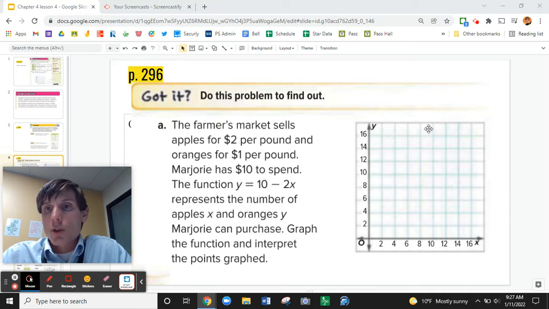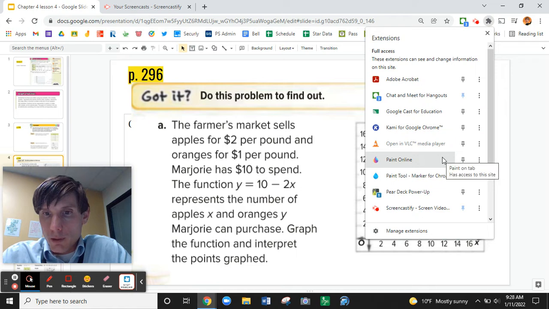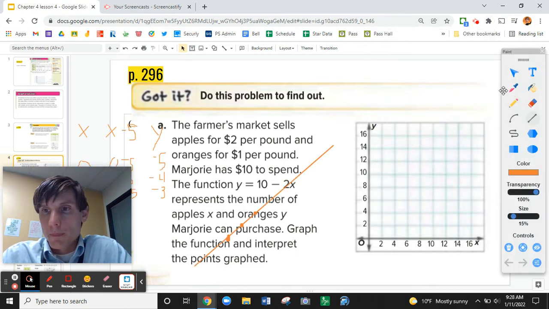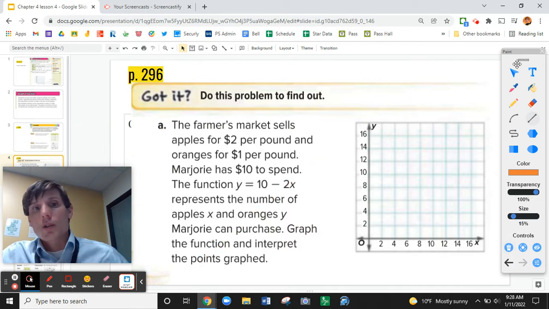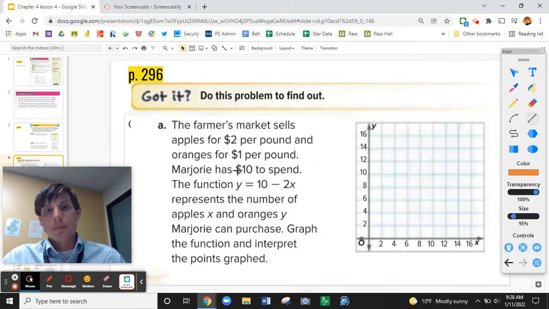Okay, so let us create a little table for this. All right. So we have our equation. So I want you all to create this table as well. We're going to have an x on this side.